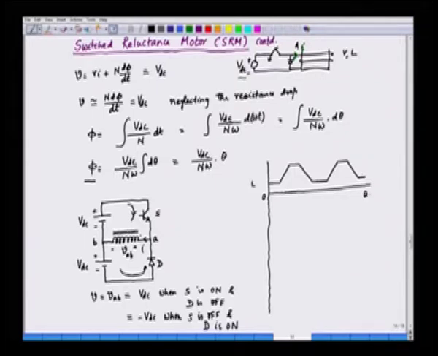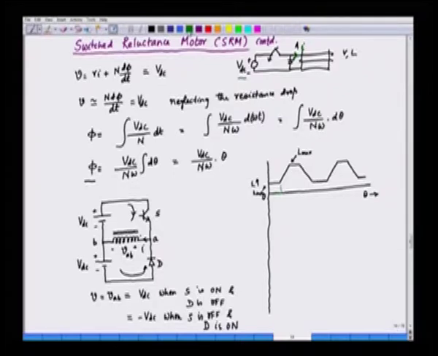The x axis is θ, the rotor position. Now, if we plot dL/dθ, in the same graph it will look like this. During this time, dL/dθ is 0, because L is constant. In fact, this is L minimum, this is L minimum, and this peak is L maximum.